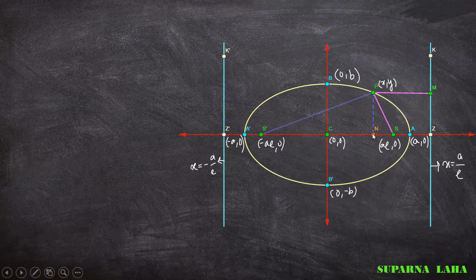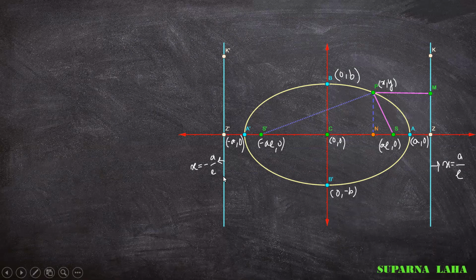Since CS is ae, from the previous figure we just found this distance CS is ae. So the coordinate of S is ae comma 0 and S dash is minus ae comma 0. And the equation of the line KZ is x equals a by e and this line K dash Z dash is x equals minus a by e.